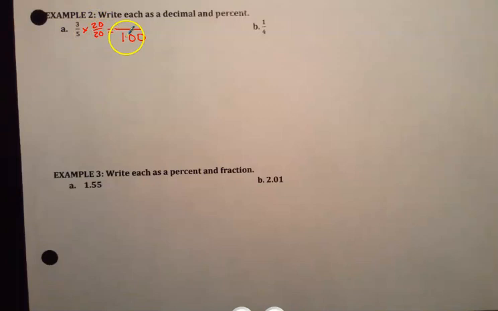Because 5 times 20 is 100. So 3 times 20 would give me 60 hundredths. Then 60 hundredths would be 0.60, or you might just write 0.6. That's fine. I'll take either of those. And then that would be what percent? Good, 60%.